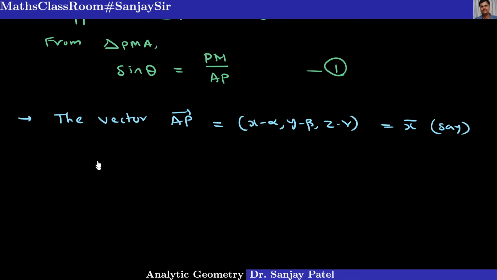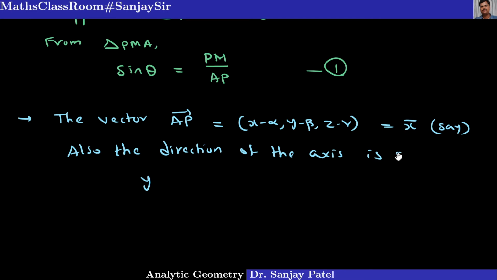Also, the direction of the line L, that is the axis, say y bar, is equal to l, m, n.